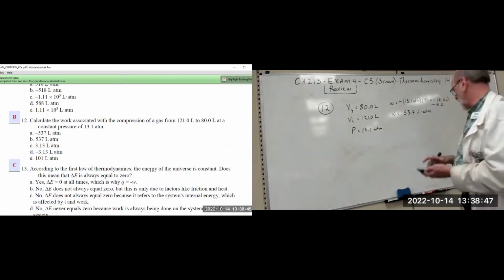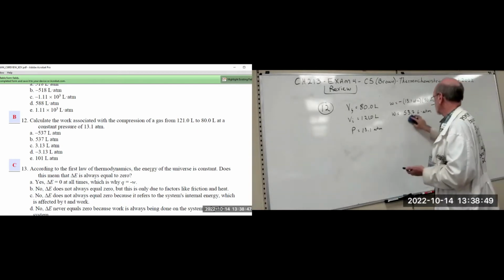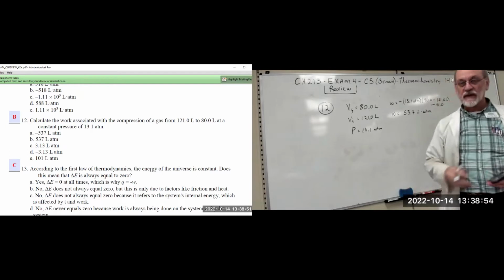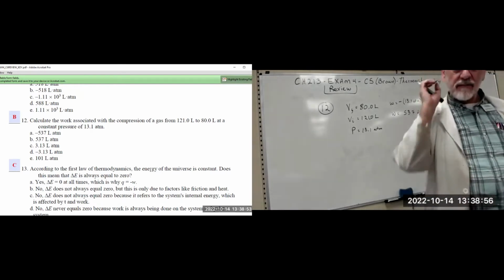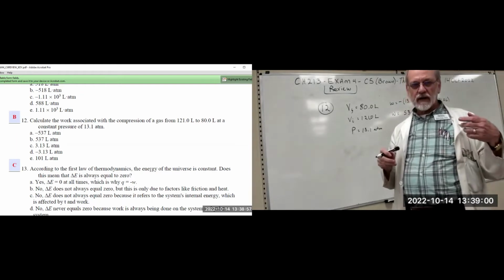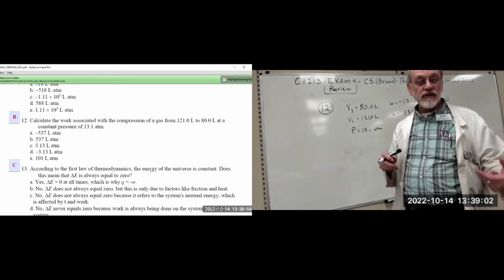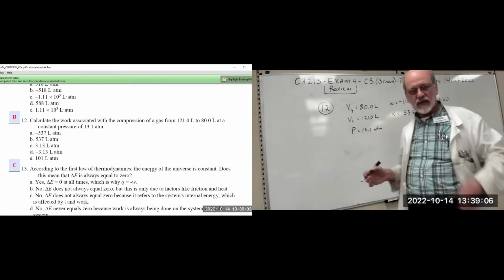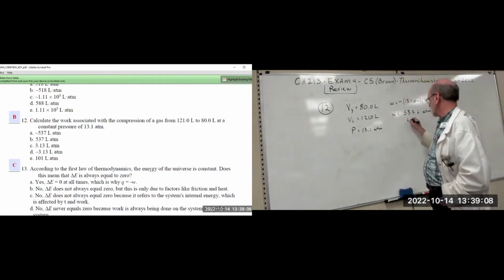Oops. No, I'm sorry. Decimal's in the wrong place. 537 liter atmospheres. So it's positive, and that means work is being done on the system. It's a positive value. So B is the answer here.